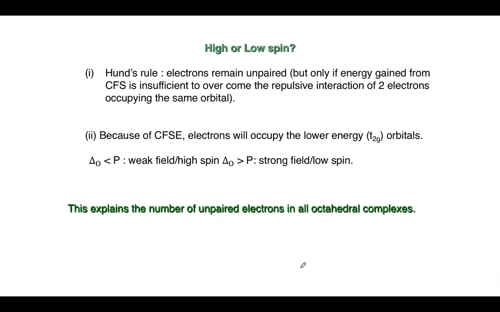Because of crystal field stabilization energy, electrons will occupy the lower energy T2G orbitals. So delta O is going to be less than the pairing energy. That will give us weak field or high spin. Whereas when delta O is larger than P, we will have strong field or low spin. And so this explains the number of unpaired electrons in all octahedral complexes.